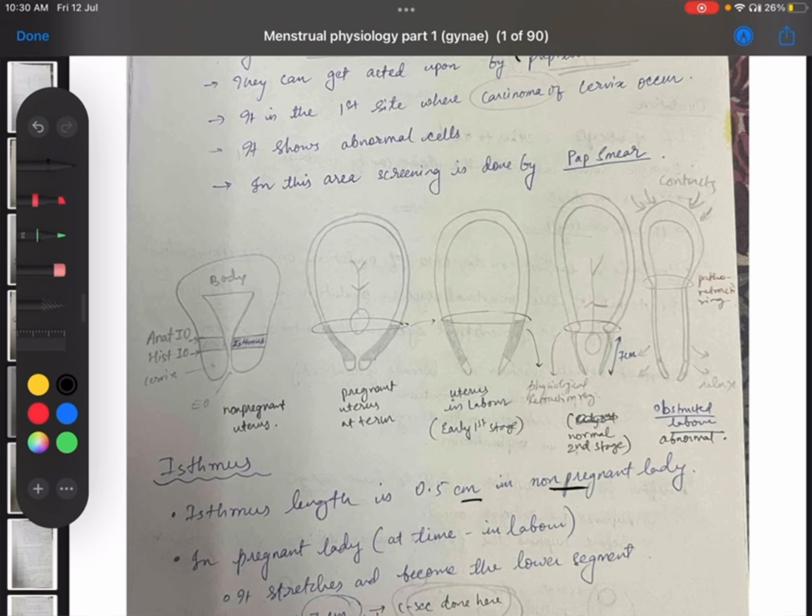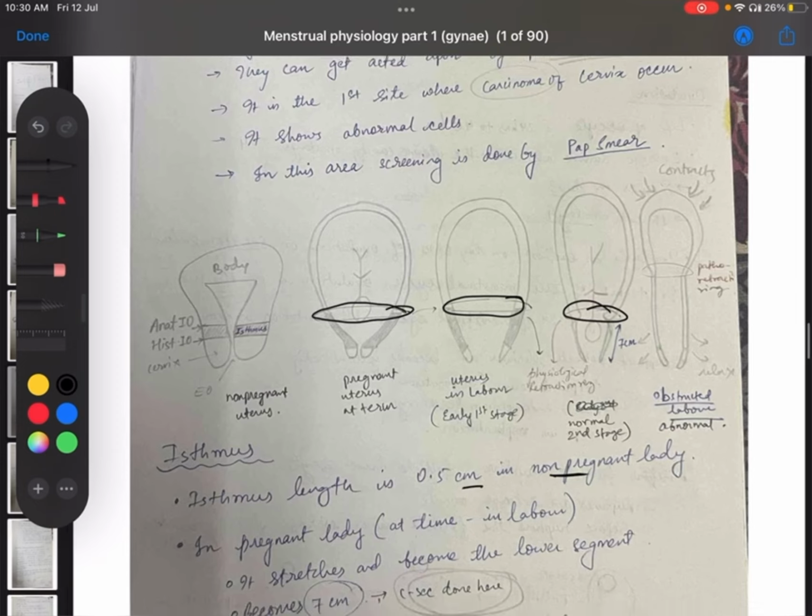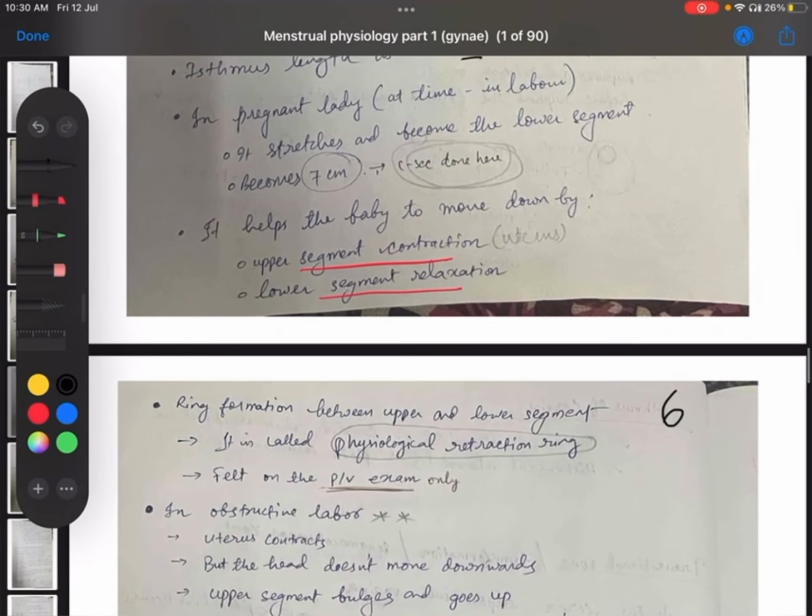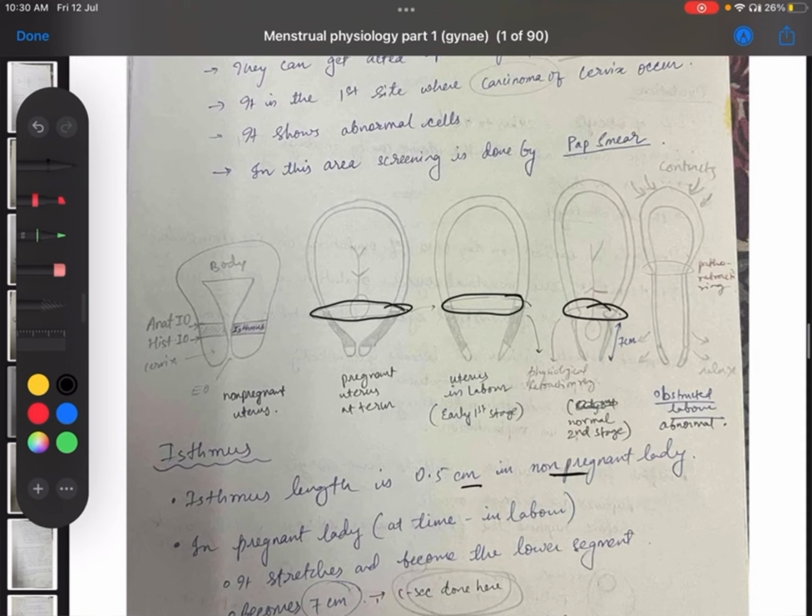Now this black colored pen, I have made a round here. You can see the circles. What are these? These are the physiological retraction ring. The ring formation between the upper and lower segment. What is the upper segment? This particular part is the upper segment. This particular part is the lower segment.